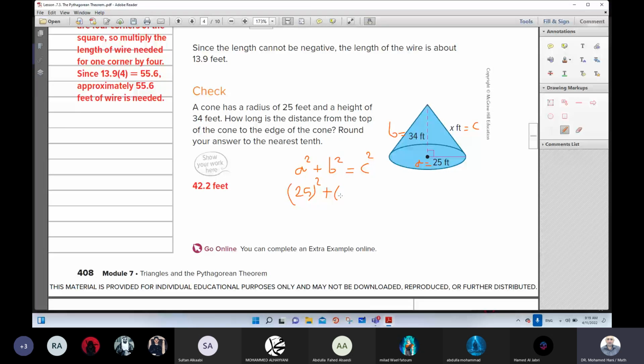25 squared means 25 times 25 will be 625. 34 squared means 34 times 34 will be 1,154. Then you can add the two values here.